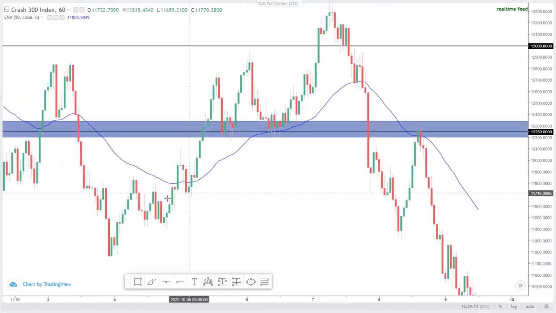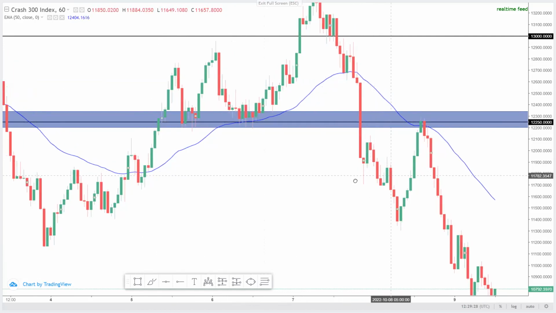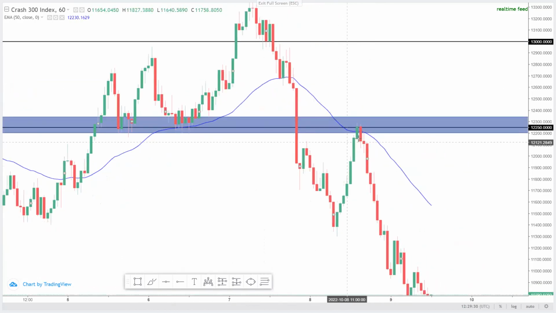Quickly, if we move backwards, we can see that every time we were above the 50 exponential moving average, whenever price came back to it, the exponential moving average acted as a support. Now we are below the exponential moving average, so for every time price comes back, we're expecting it to act as a resistance.